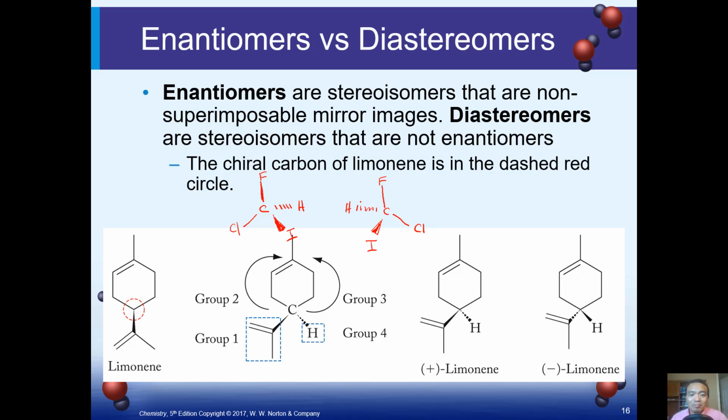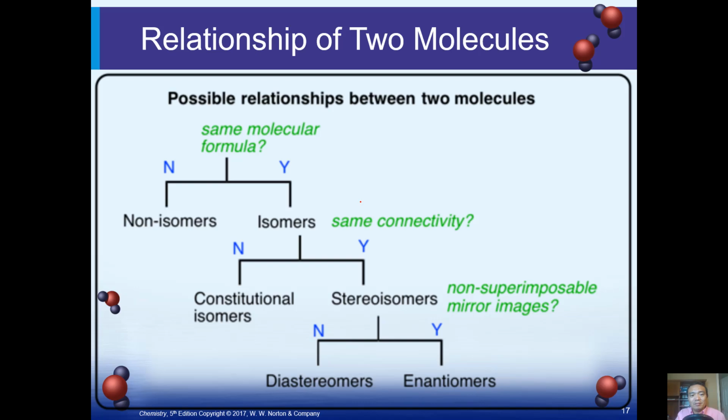If we summarize everything, here's how you can determine the relationship between two organic molecules. First, you try to decide if the two molecules are isomers. I do remember there is a trap: you need to make sure those are not identical compounds.